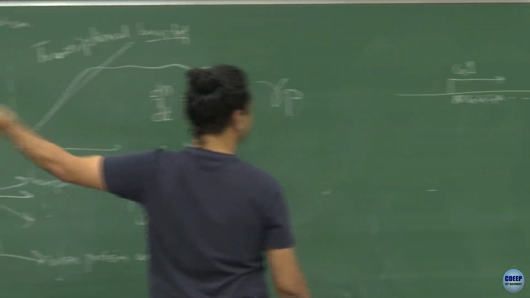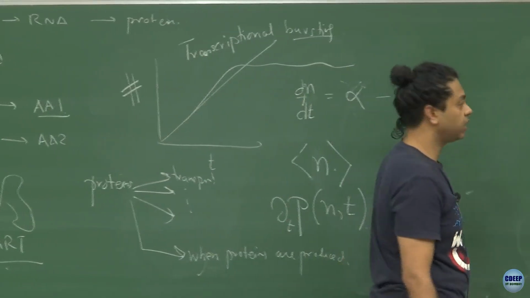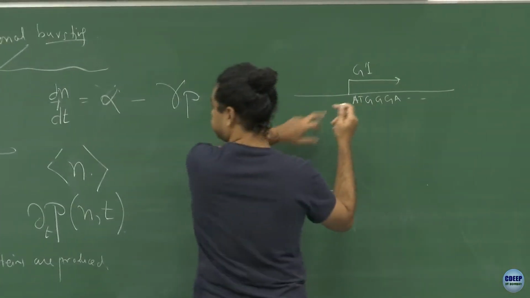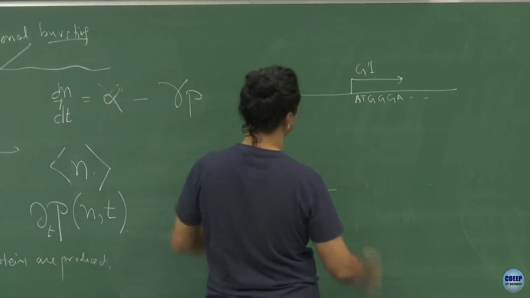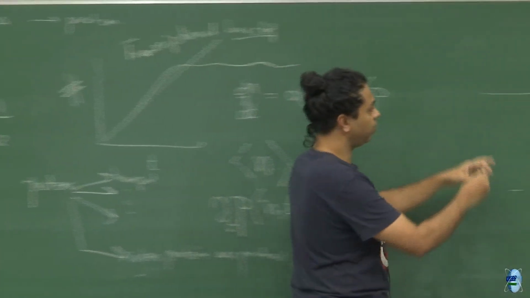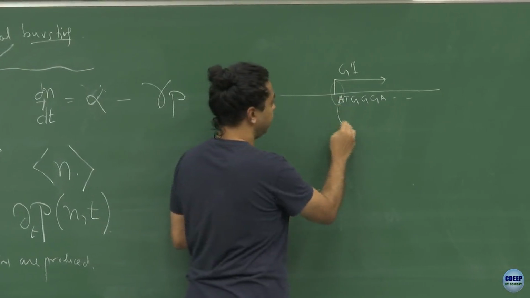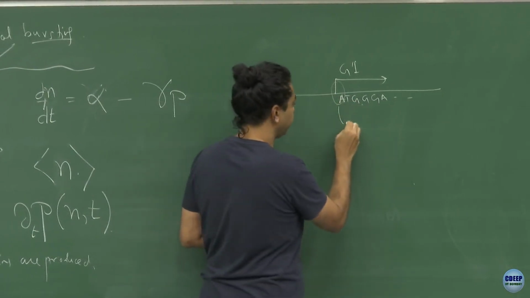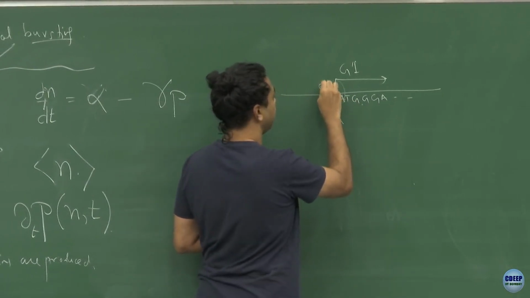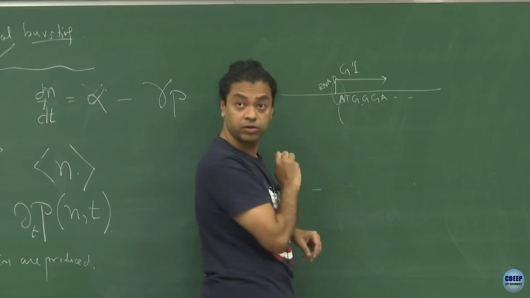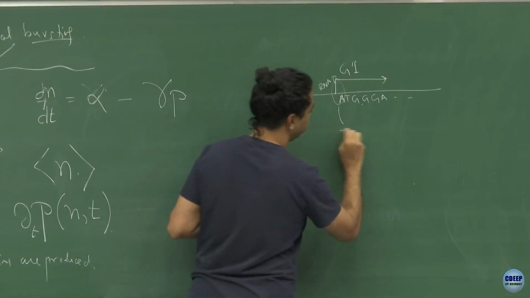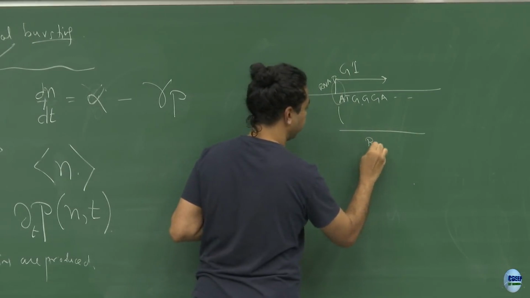You get this transcription, translation machinery. How does transcription happen? If you remember this video, this big protein called RNA polymerase comes and sits on the DNA, reads off this sequence, and produces a string of RNA.